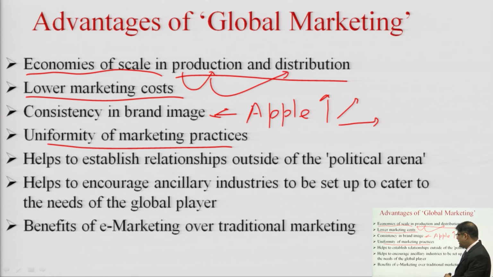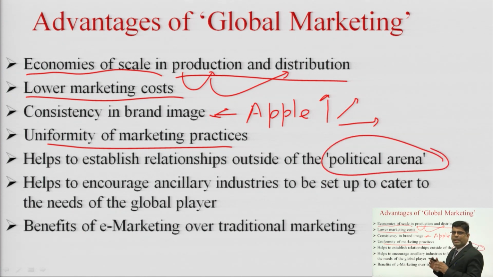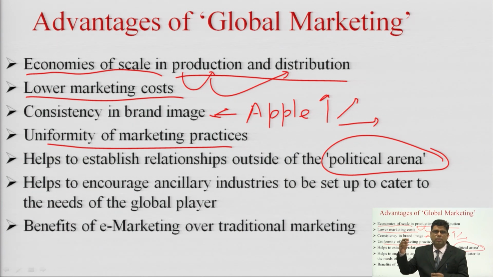Then global marketing helps to establish relationships outside of the political arena. A company operating in a home country has a certain political environment, and the political environment outside the home country is different. So, when the company moves into different countries, the political environment changes, and therefore global marketing helps the company understand the political arenas outside of its home country also.